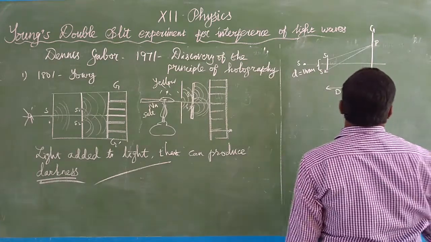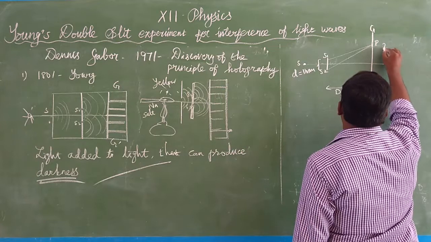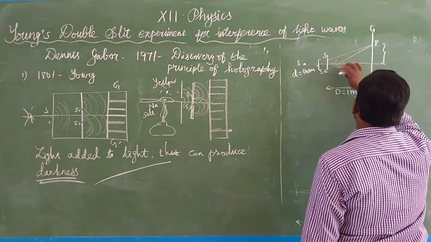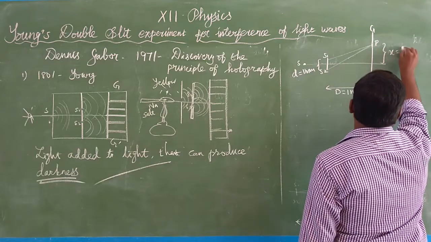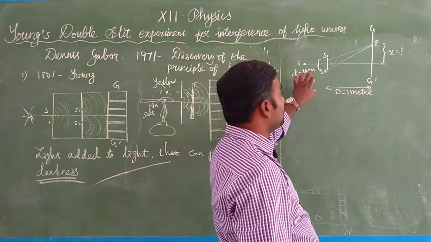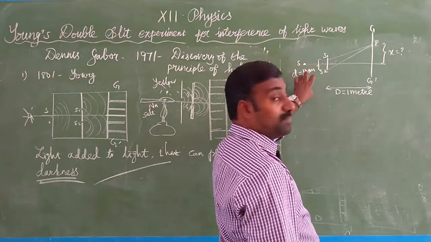Okay, we want to determine the point from the axis of the central line of the fringe. We know the formula, but here one thing, the two slits are illuminated not by the yellow light.